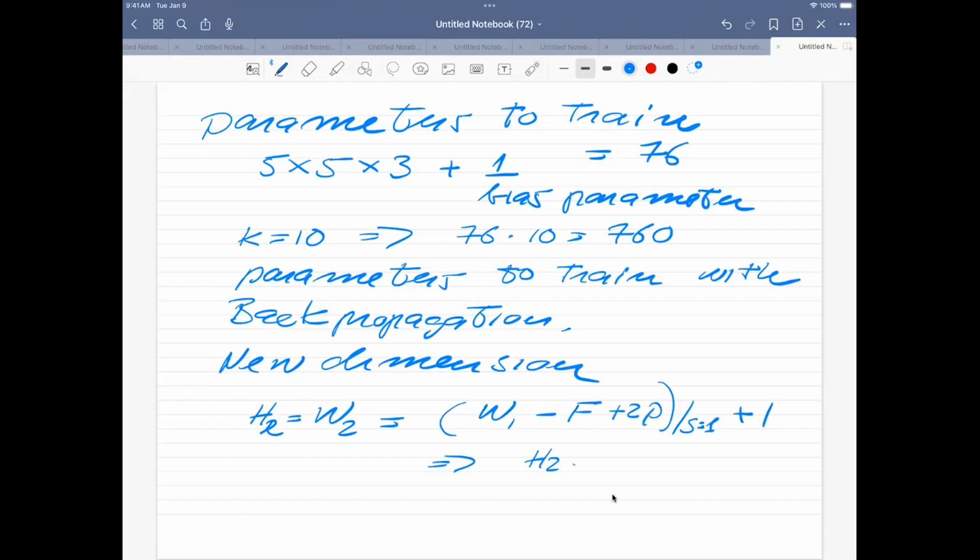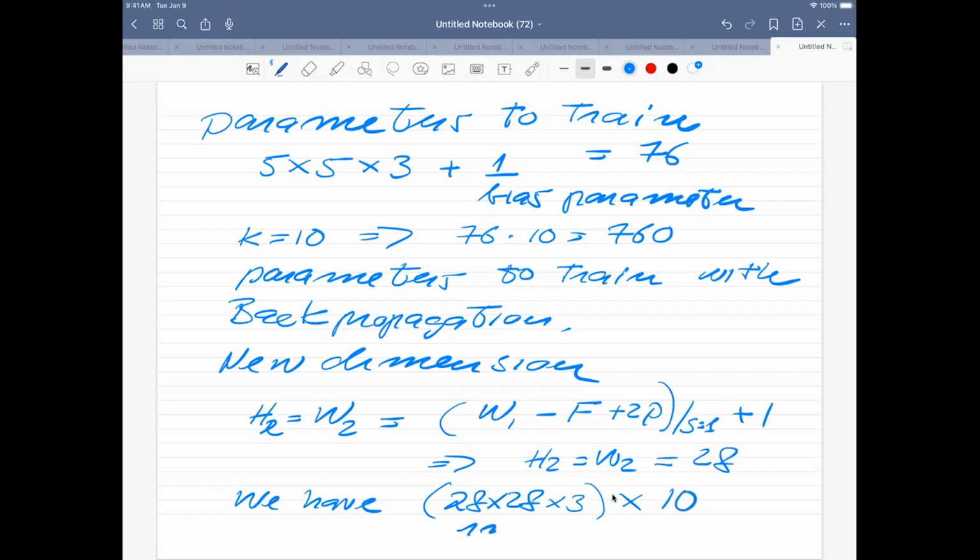So H2 is equal to W2, which is 28. So in total we have 28 times 28. We went from 32 times 32 times 3, and since we are now making 10 images in total, this is an example of us setting up a convolutional filter.